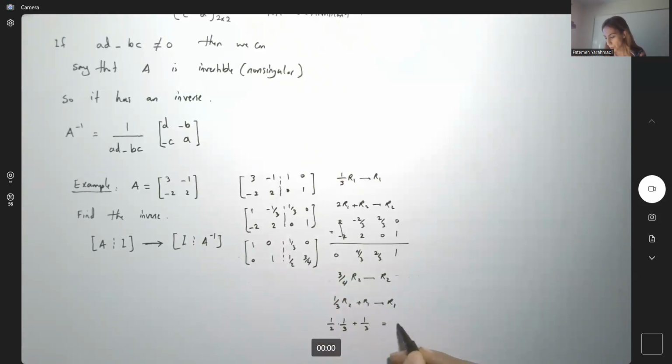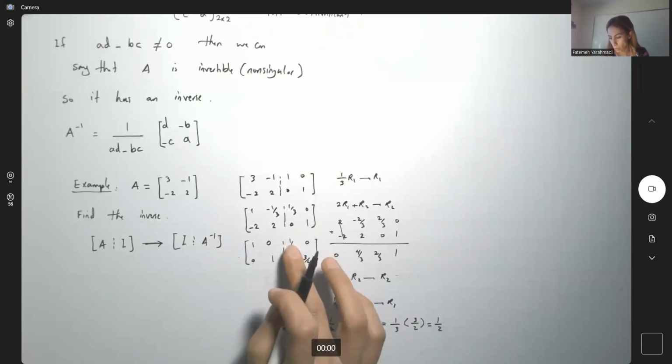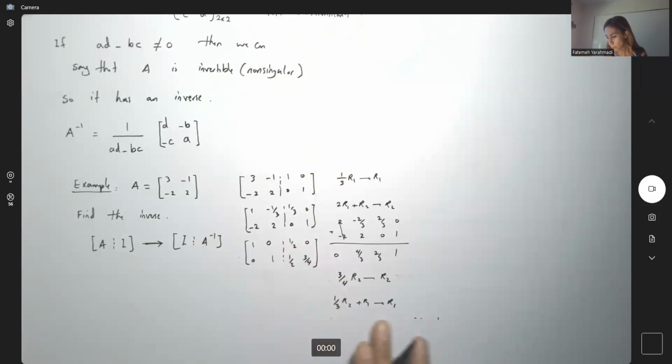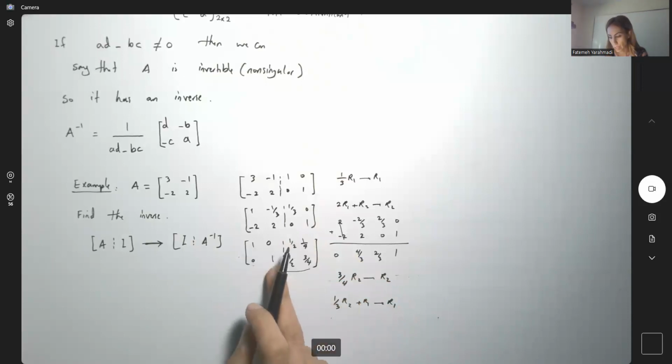This is going to be a third, and you have 3 halves, which is going to be a half, 1/2. And here you have 1/4 plus 0, which is 1/4. So it seems that we are done with the whole process. This is our identity matrix, and this guy becomes our inverse matrix.